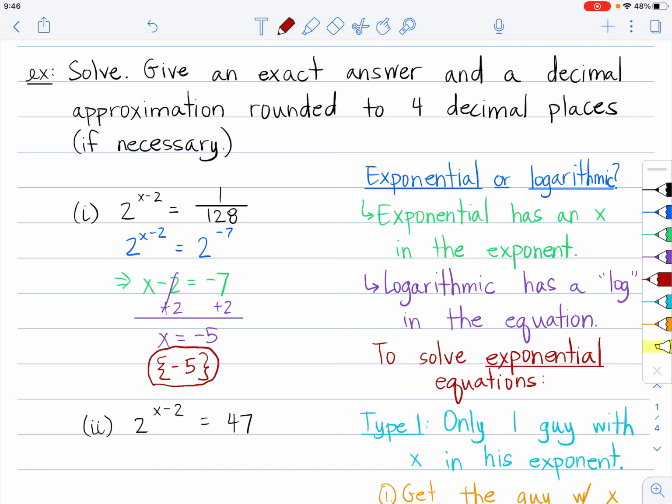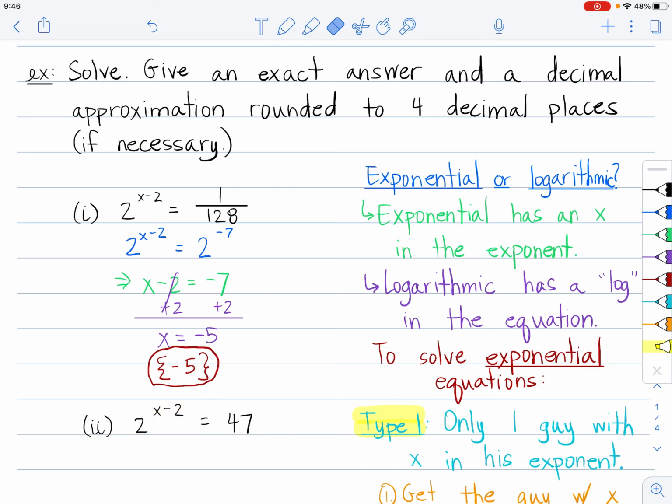Now, example number 2. Again, he's exponential because there is an x in his exponent. He is type 1 because there's only one guy in the equation with x in his exponent. Eventually, there will be more than one guy with x in his exponent. This, however, is not that case.